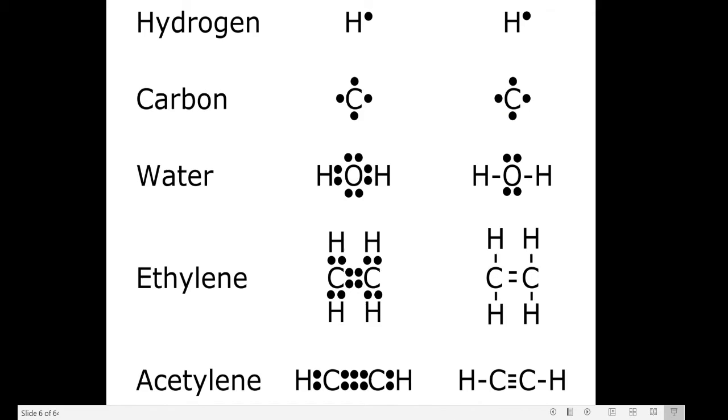These are all structures that are well known to you, but I wish to tell some important things. Hydrogen has one valency, so it has one black dot. Carbon has 4, so it shows 4 bonds. In the water molecule we have 2 H and 1 O. The interaction happens with the H, so 2 valencies go to the H atoms, leaving only 2 and 2, so the 4 alone is there.